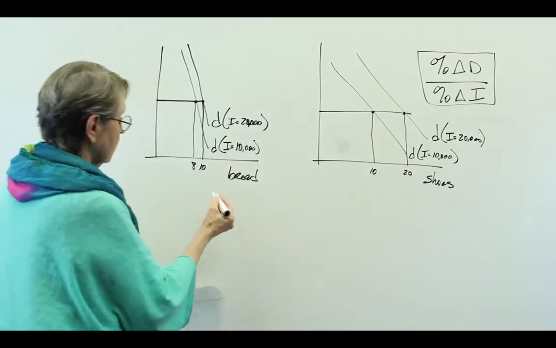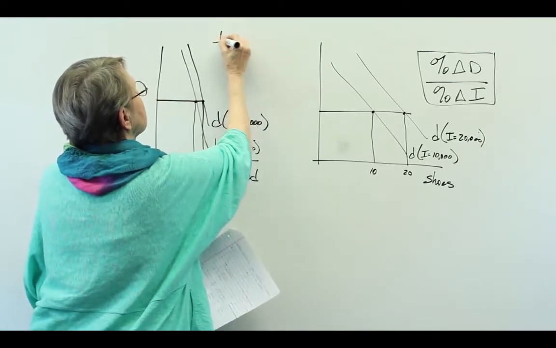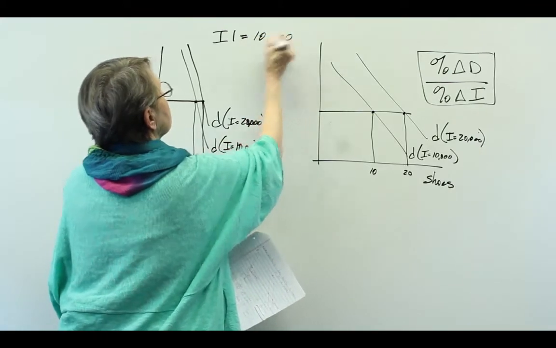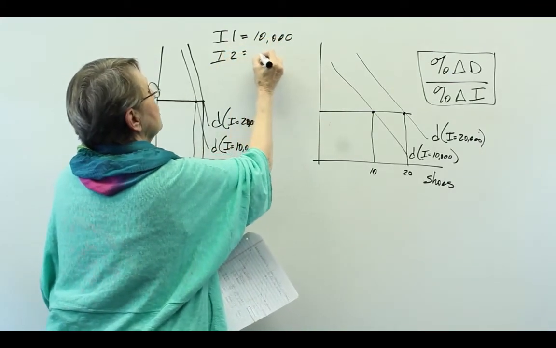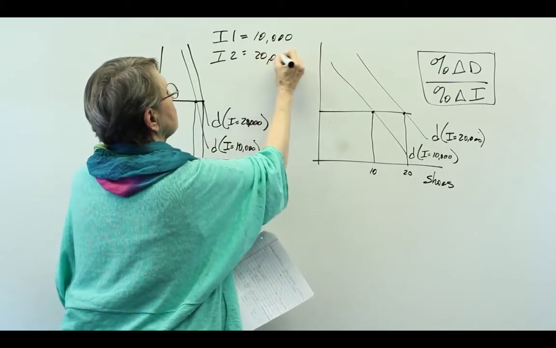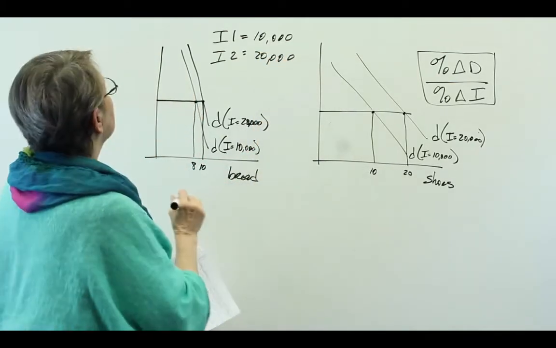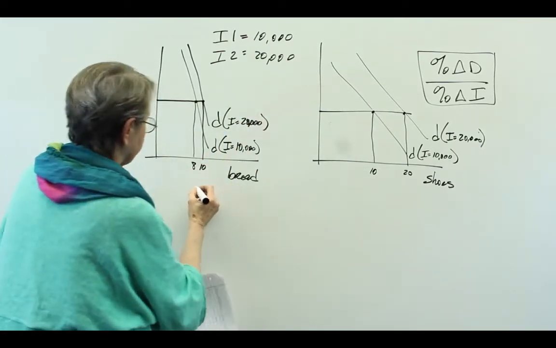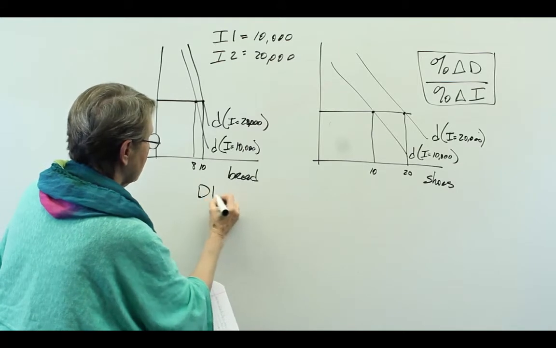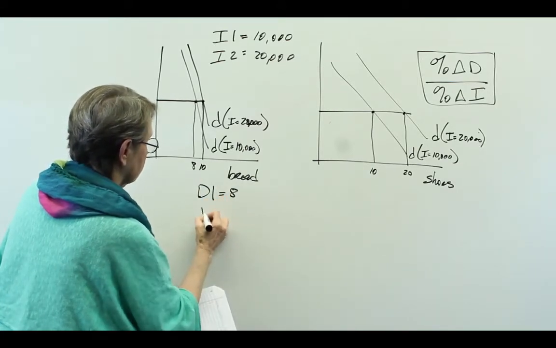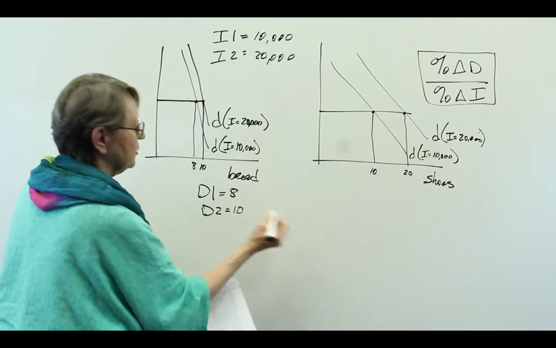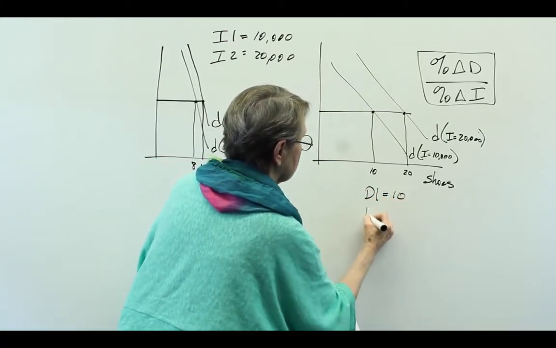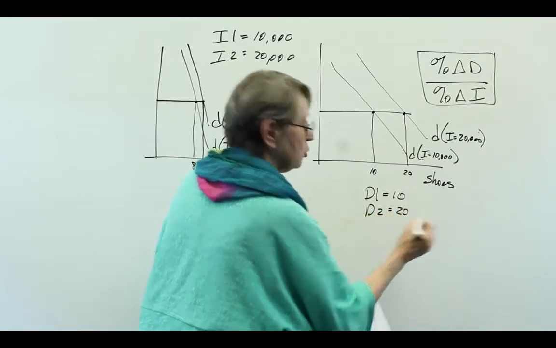So, for example, in both of these cases, I1, income level 1, is $10,000, and income level 2 is $20,000. Can you see that? And in the market for bread, demand 1 for bread was 8, demand 2 for bread was 10. Over here demand 1 for shoes was 10, demand 2 for shoes was 20.